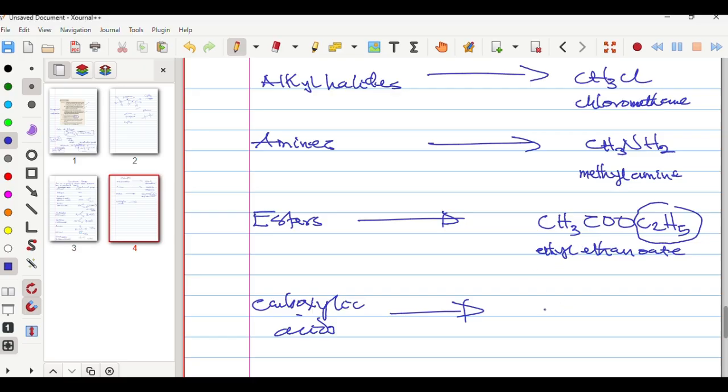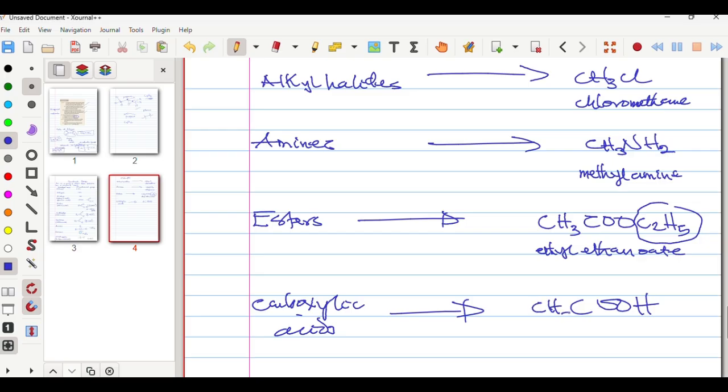So carboxylic acid, ethanoic acid, or methanoic acid. The formula is RCOOH, carboxylic acid. If you replace this R, it can be H, or it can be R, which is an alkyl group.